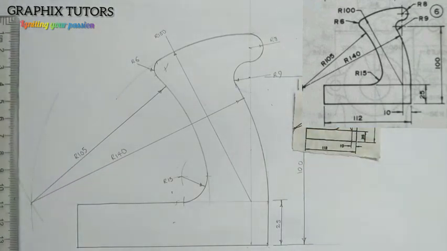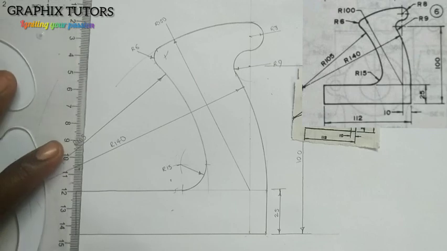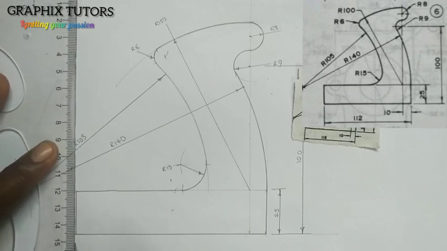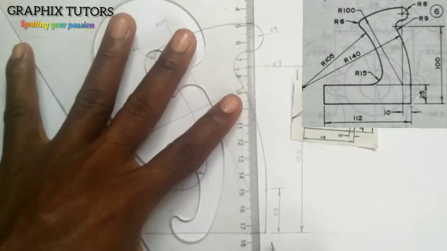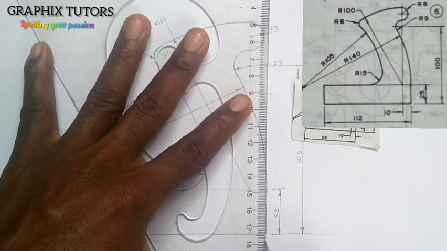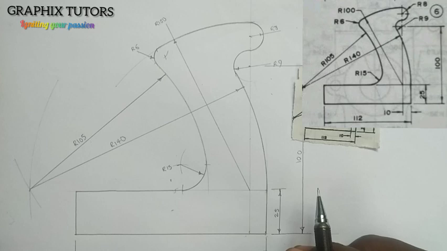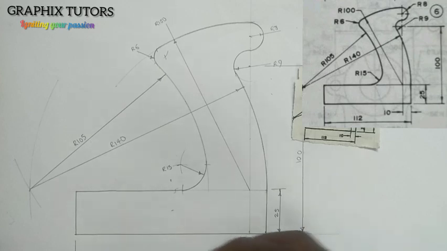The distance from here to here, to this point here, gives me 112.